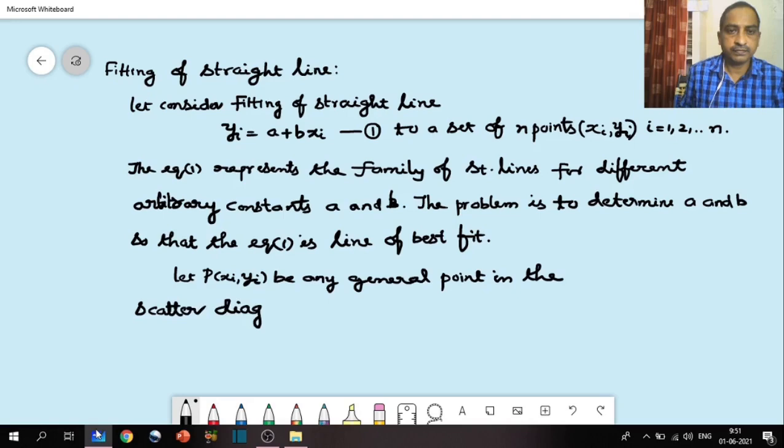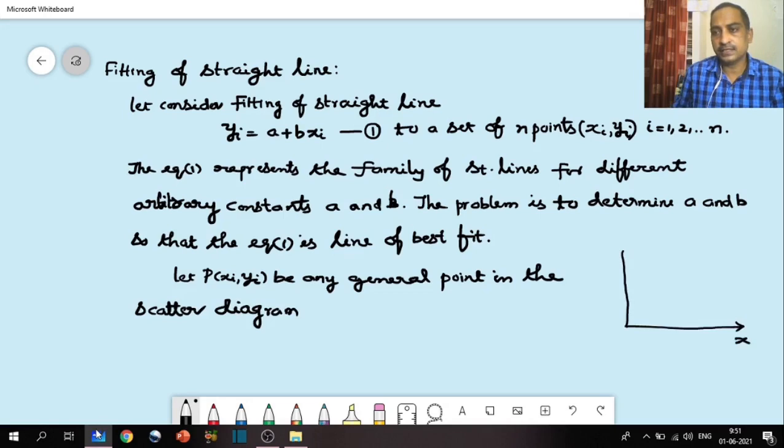So now I have to plot the given n data points on graph paper. More or less I am getting the scatter diagram may be like this. From this, the line of best fit is y equals a plus bx, or y_i equals a plus b x_i.